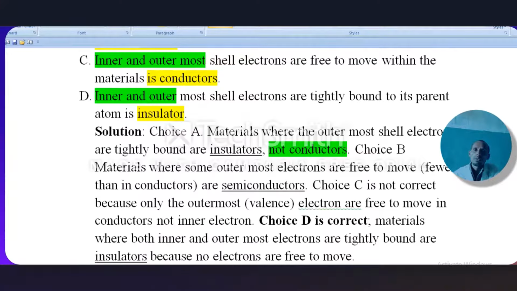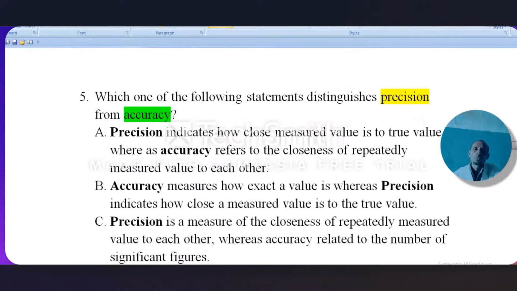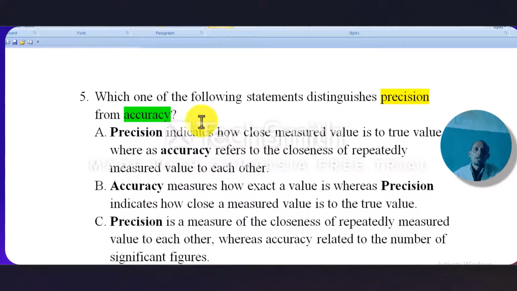Good. Next question, question number 5, says: which of the following statements distinguishes precision from accuracy? Choice A, precision indicates how close a measured value is to the true value, whereas accuracy refers to the closeness of repeatedly measured values to each other.